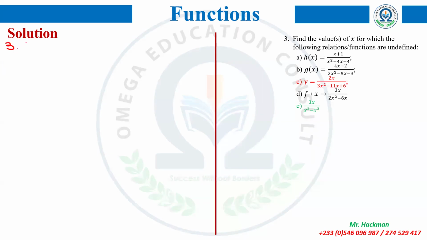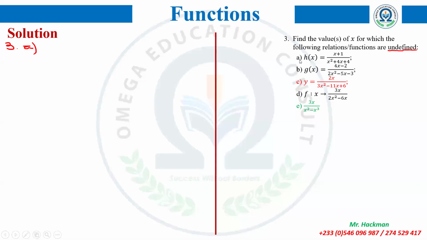By then, I've told you, you read the question and you underline the salient part. Having read the question, we know that we are supposed to underline undefined, because we need to make use of this keyword that we have there. But the function that we are supposed to find the value or values of x for which it will be undefined, we need to extract that function. So we come to A. There is no major information to extract here.